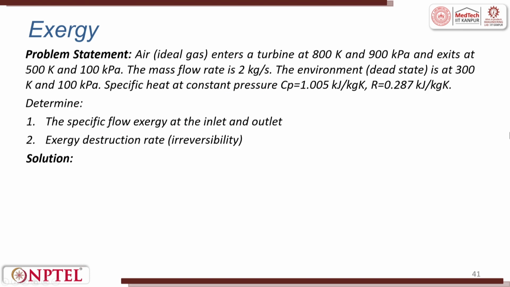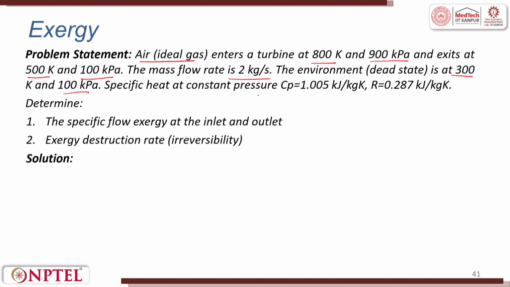Let us see a problem on exergy. Air, that is an ideal gas, enters a turbine at 800 Kelvin and 900 kilopascals. It exits at 500 Kelvin and 100 kilopascals. The mass flow rate is 2 kg per second. Environment, that is dead state, is at 300 Kelvin and 100 kilopascals.